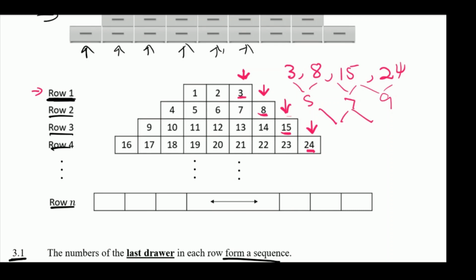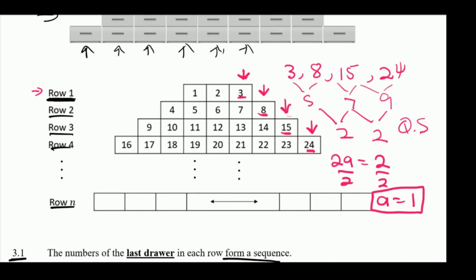Because the second difference is constant, it's going to be 2. So to find the general term, now that we know it's a quadratic sequence, we say 2a is equal to the second difference, which is 2, and then divide both sides by 2, so our a value is equal to 1.